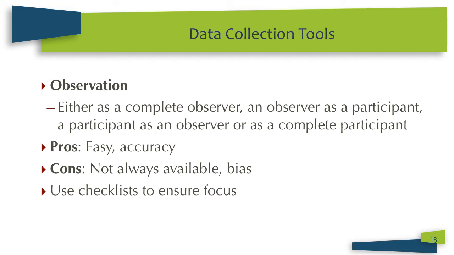Another con is that there could be bias from the researcher's perspective, especially when he or she is a participant of the situation. But to ensure that your observation remains focused when you're collecting data, you can make a checklist of what you have to observe, and you can take your notes against each part of your checklist.